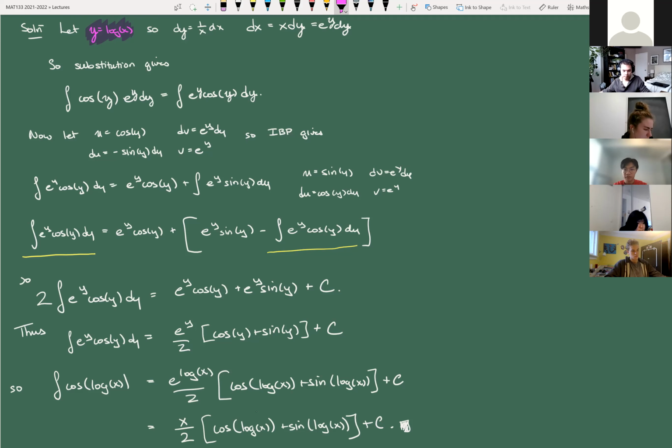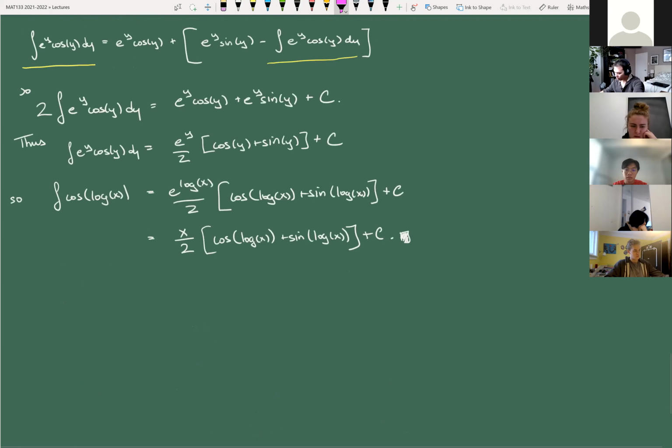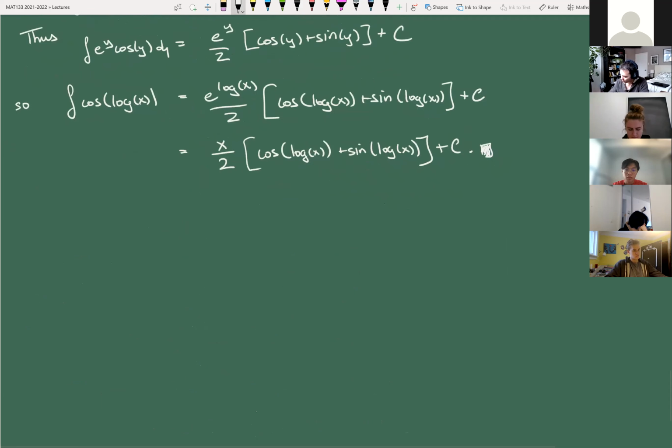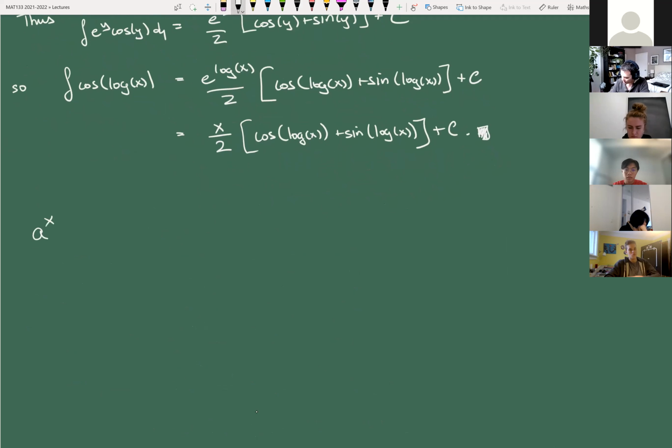Sorry, so you gave us the definition for a to the x, and maybe I'm confused. Why does it hold for real x? Right, so a to the x is e to the x log a.